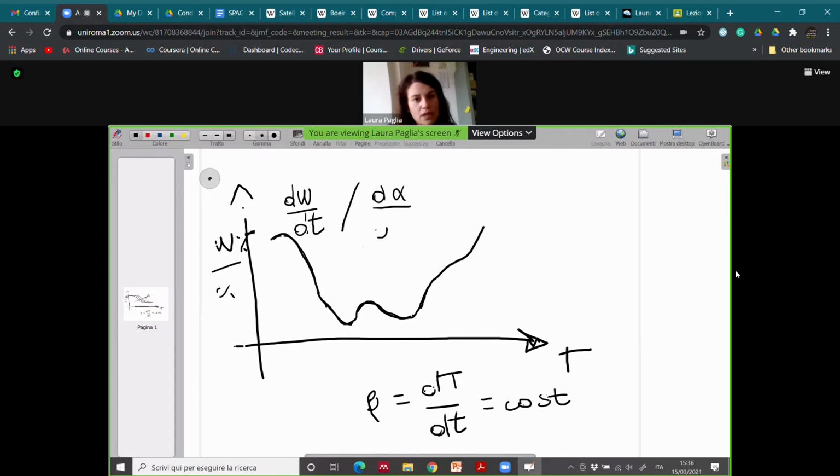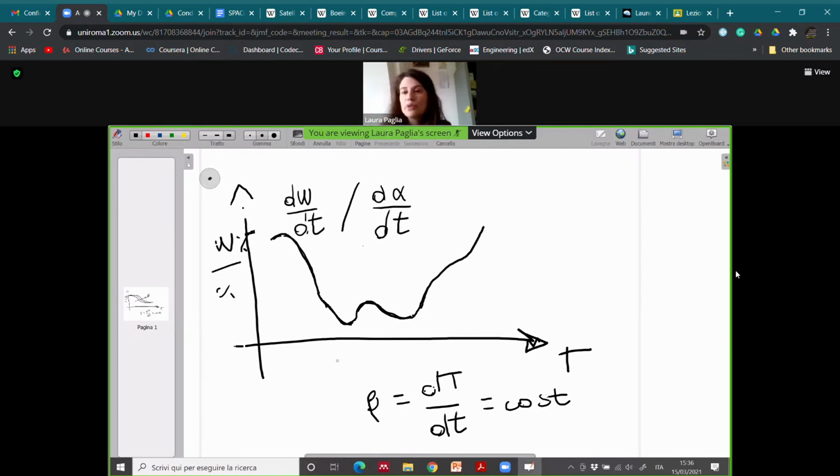I can use alpha or W at the same time. It's not difficult. They differ only by a constant. I hope this is clear for everyone.